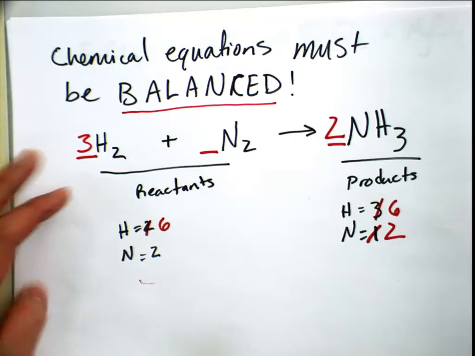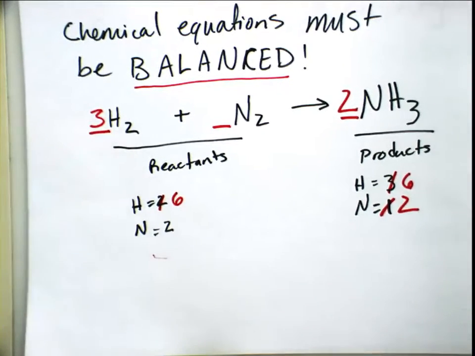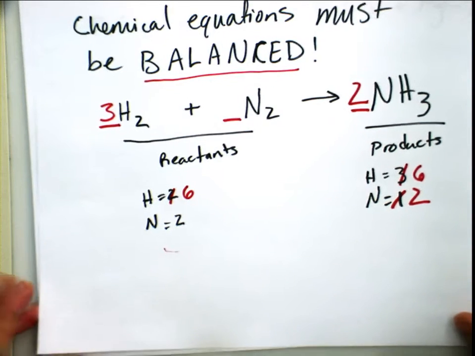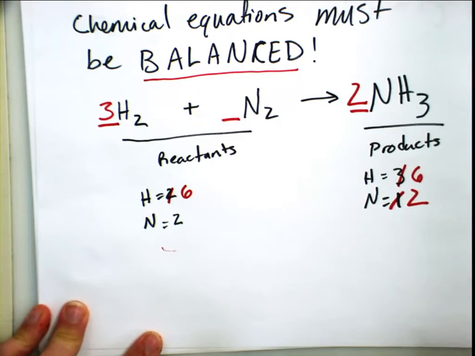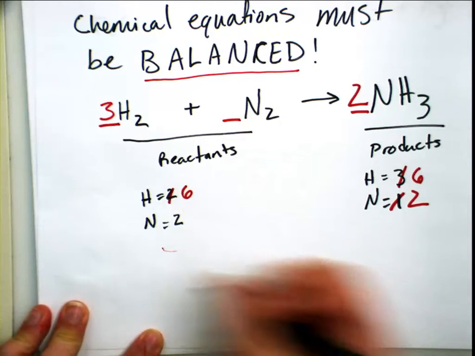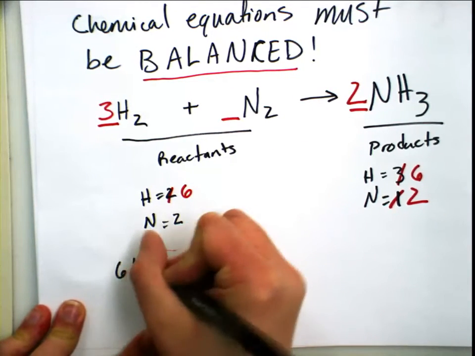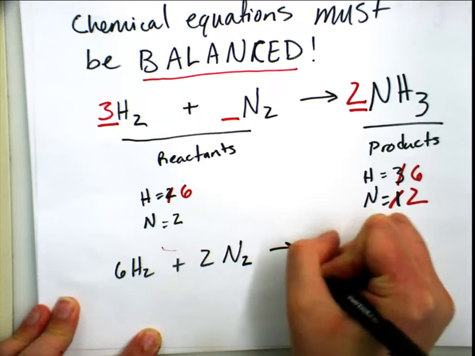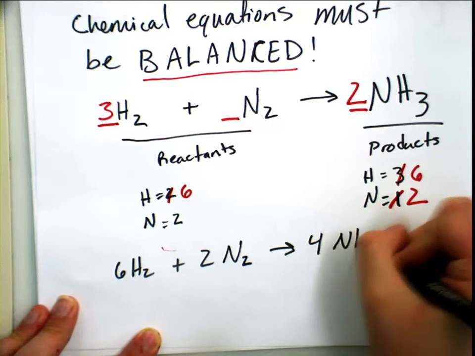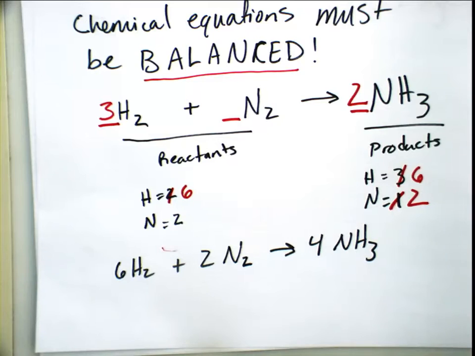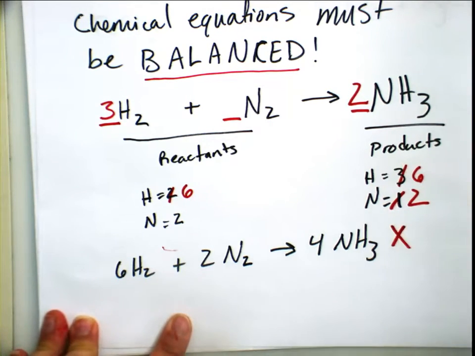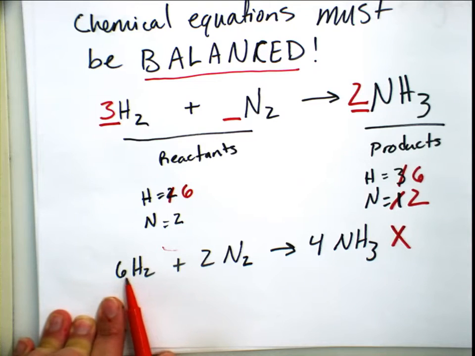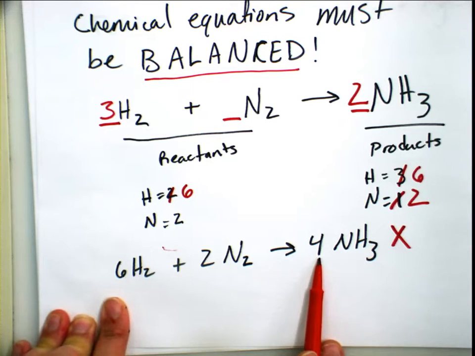Now, a balanced chemical equation must also have the lowest possible coefficients. So for instance, if we were balancing and we got this reaction, 6H2 plus 2N2 gives 4NH3, this would not be the correct way to represent this equation because we can divide each of these coefficients by 2.